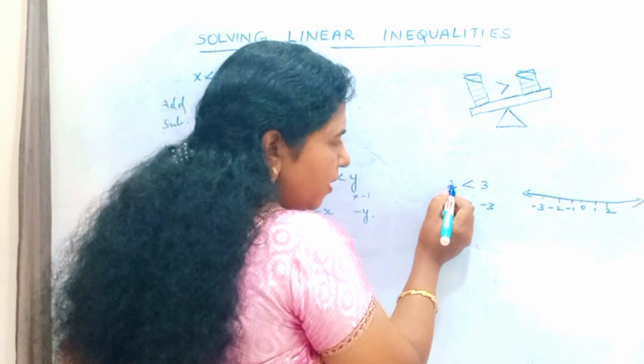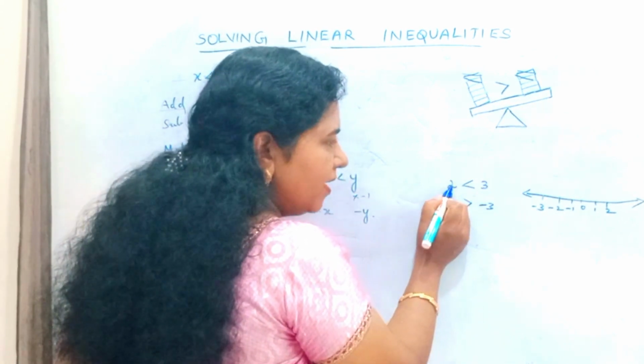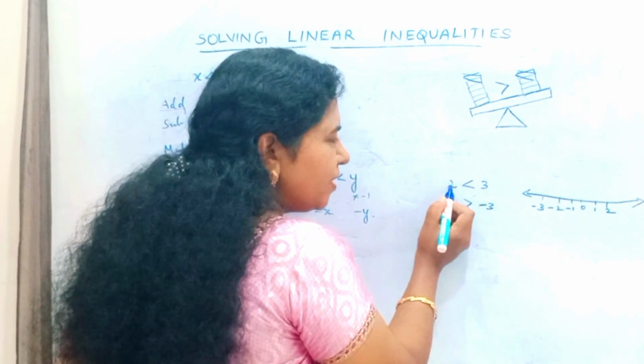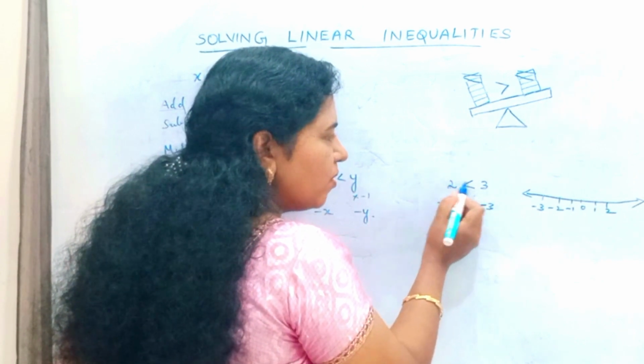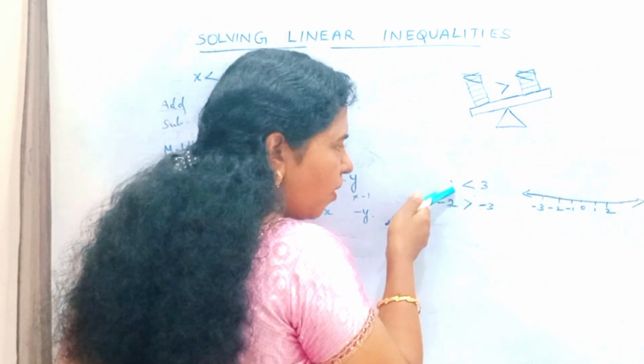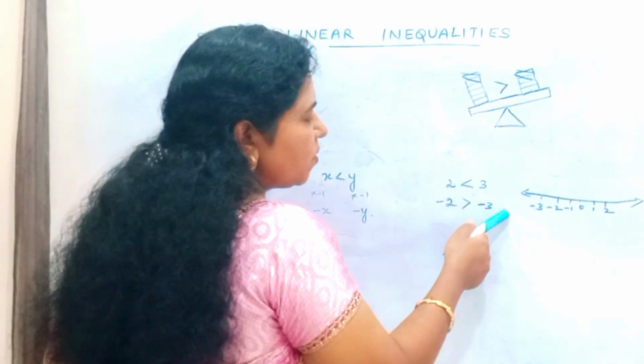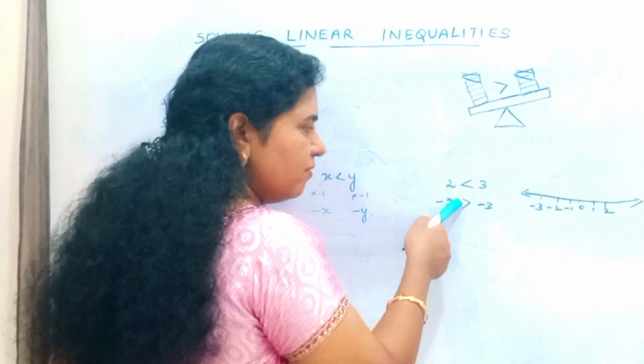Now here we have 2 and 3. 2 is less than 3; this is a smaller number compared to this. When I insert minus signs to both the numbers, what happens? Minus a smaller value here, and minus a bigger value here compared to this, so this will be very much negative compared to this.